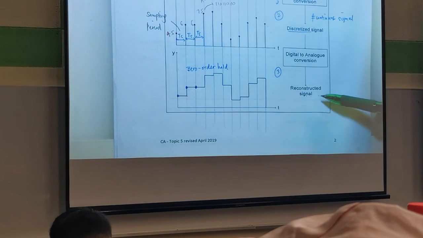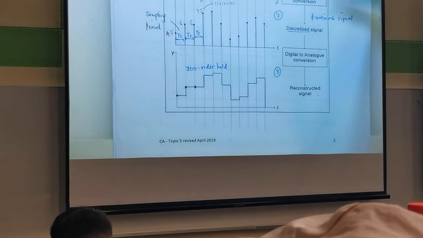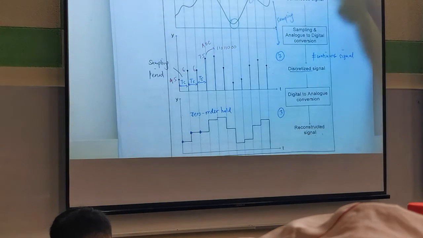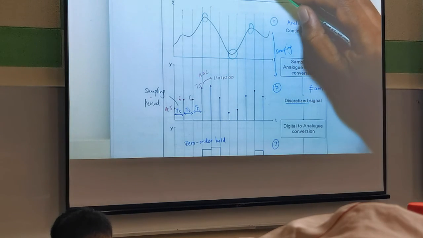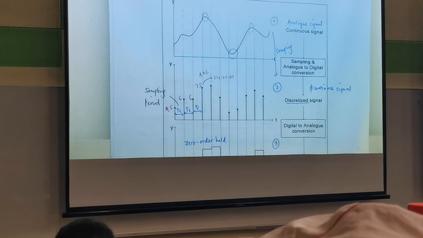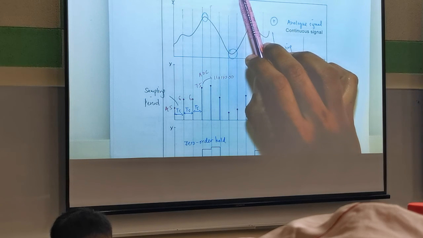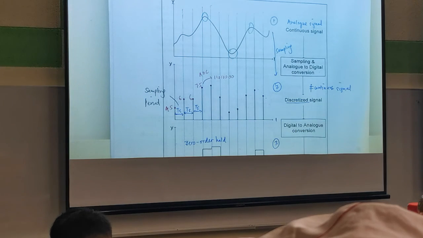So this difference between the reconstructed signal and the actual signal is what we call the reconstruction error. That means every time an analog signal goes into a digital control system, there will be this error, no choice. The error is that the reconstructed signal is not the actual signal. There is some loss in precision.